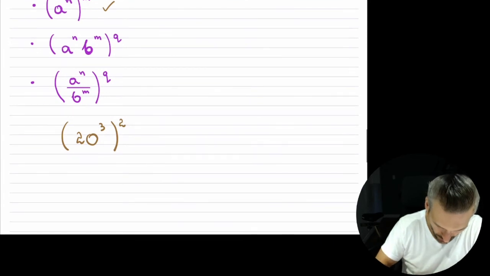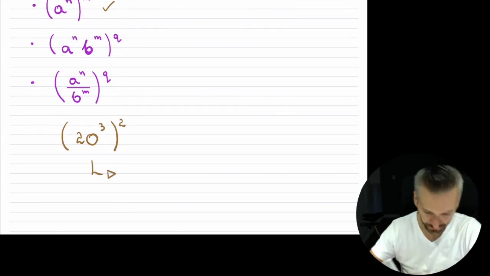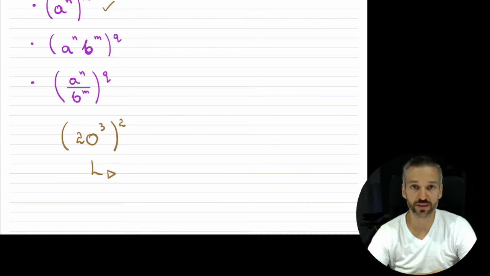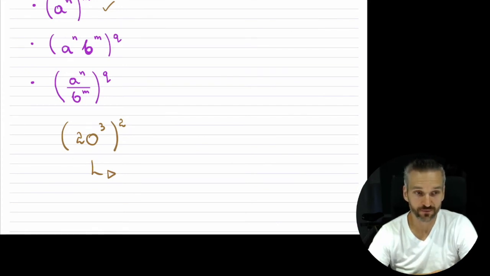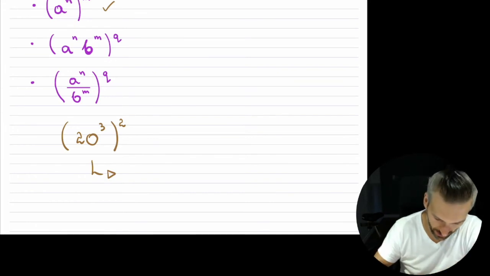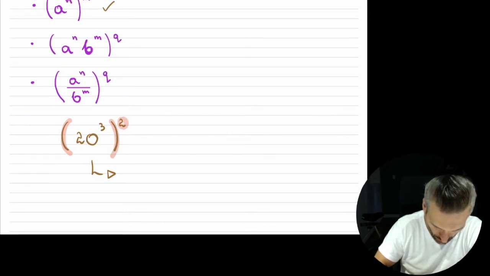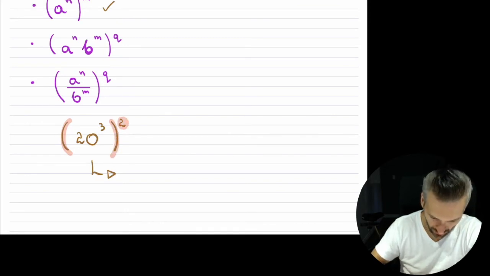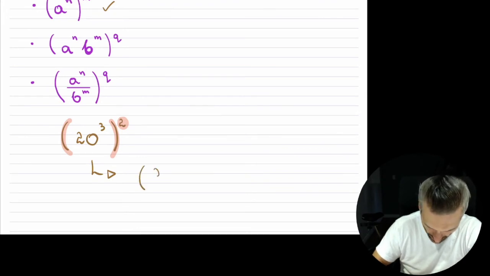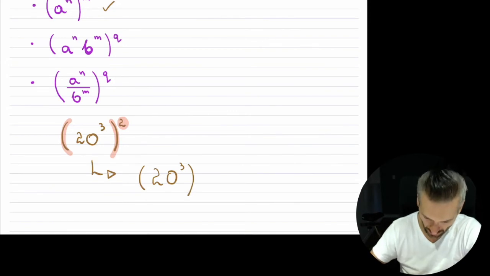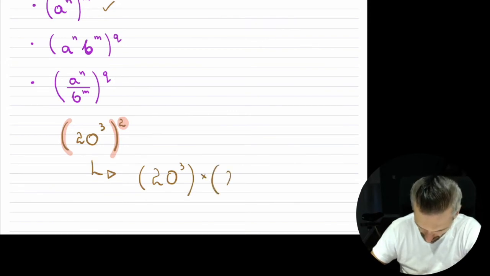First off, you have to understand what exponents actually mean overall. If I take just the bracket on its own and apply this 2 right on top, then what this means is that I have 20 to the 3 multiplied by 20 to the 3.